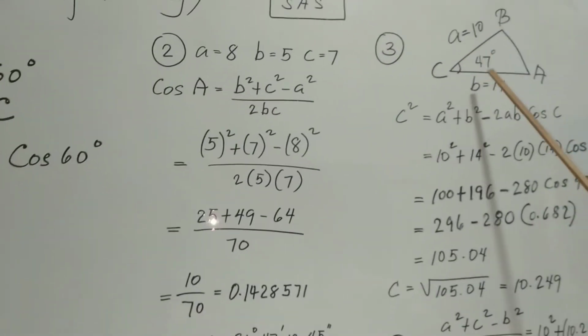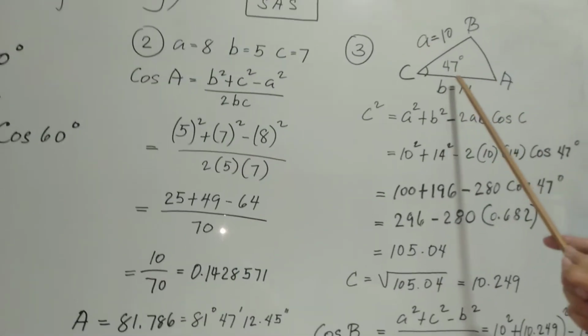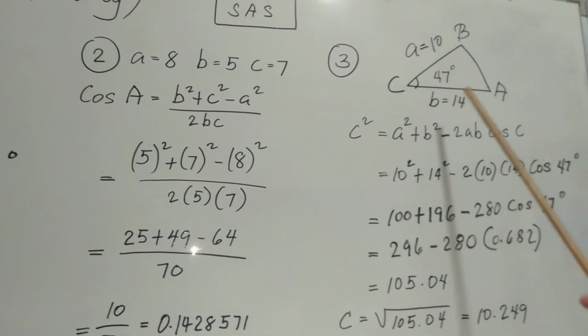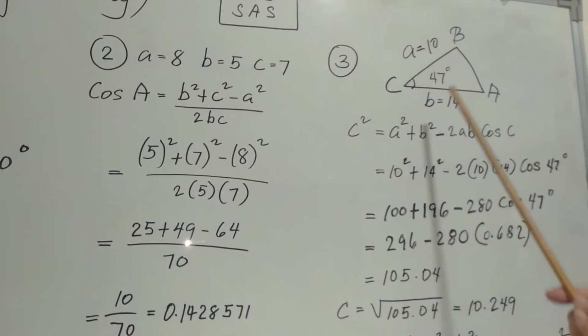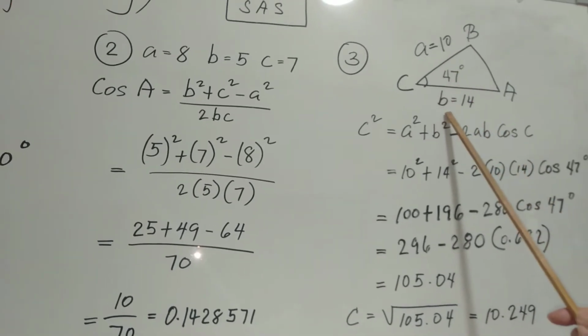We have two sides and the included angle, angle C, which is 47 degrees. The included angle is the angle in between the two sides given.